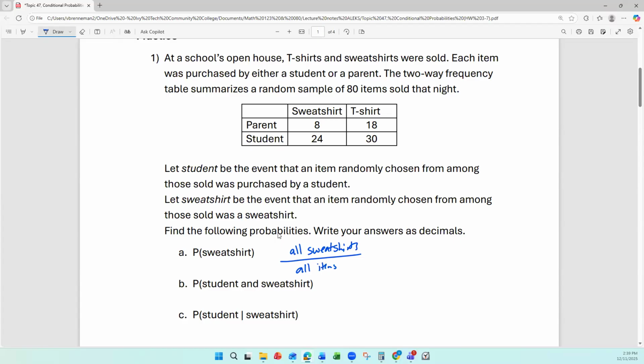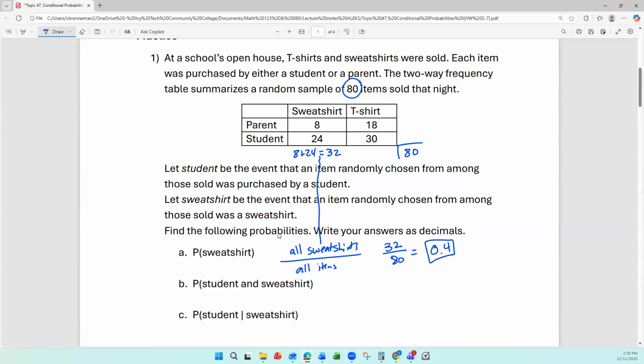The sweatshirt total, 8 plus 24, is 32. For all items, it says there's 80 altogether. 32 divided by 80 is 0.4.